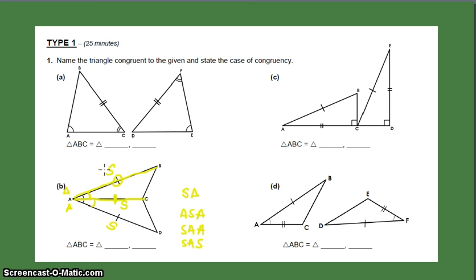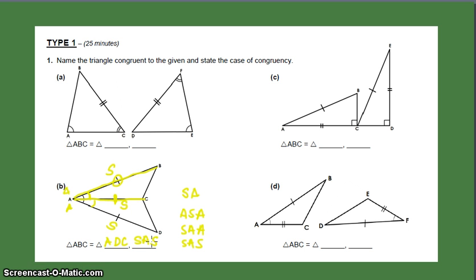So we have side, angle, side. This means that the two triangles are congruent. So we were able to find that triangle ABC is congruent to triangle ADC, and this is through the SAS postulate.